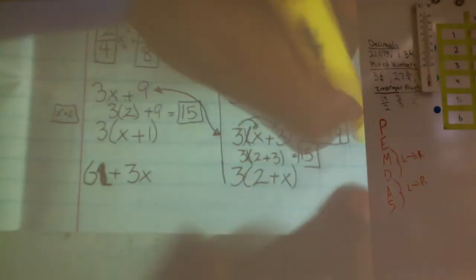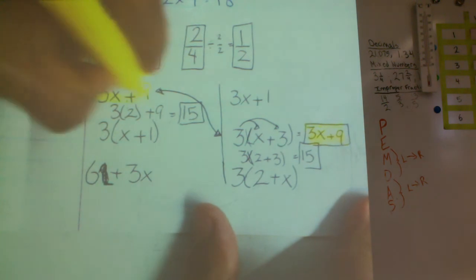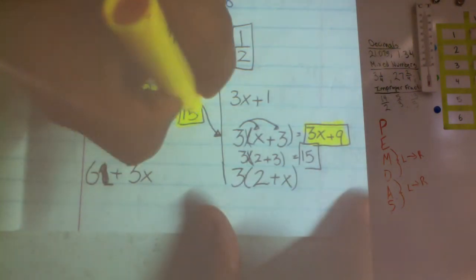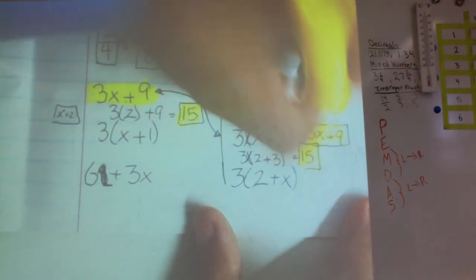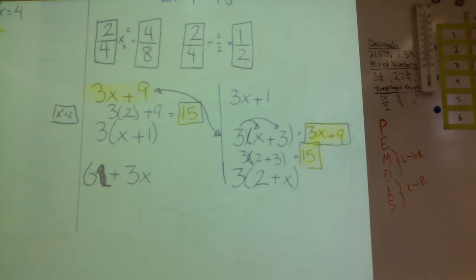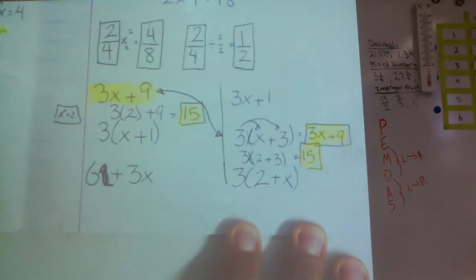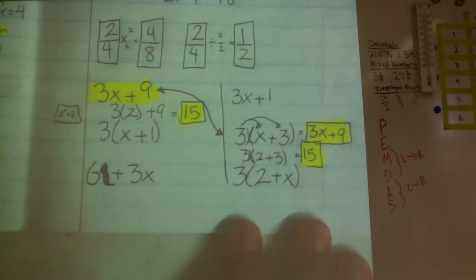I have an equation that is exactly the same as this equation right here. So this is how I know that they're equal. Not only did I find out what their numbers are if I plugged in a variable, but I found out that their equations are exactly the same if I distributed. So that's an easy way to figure that out.